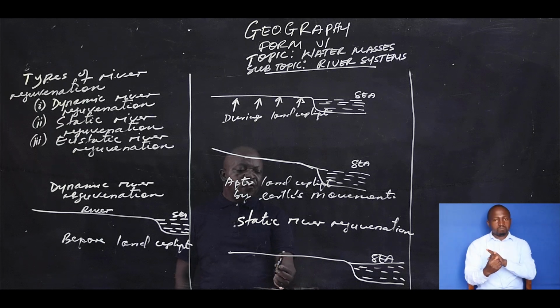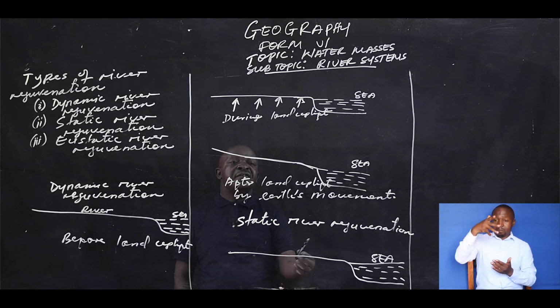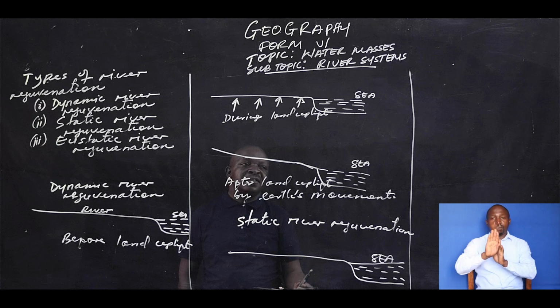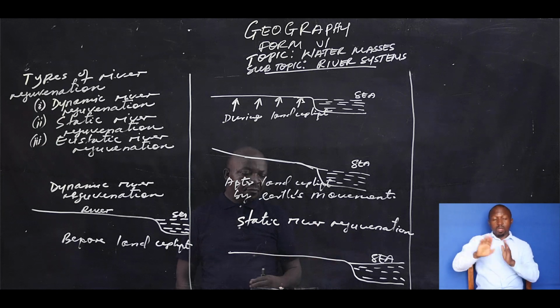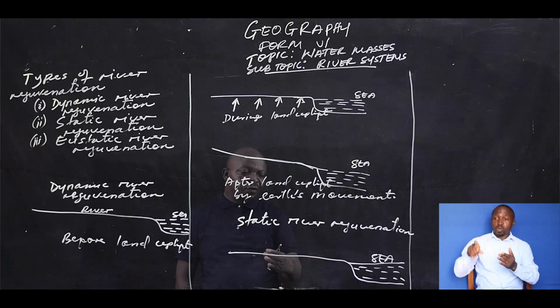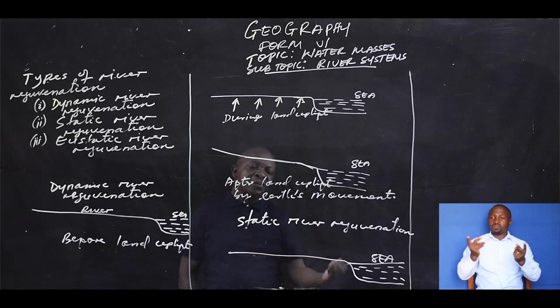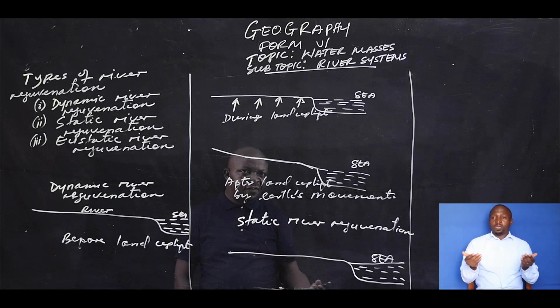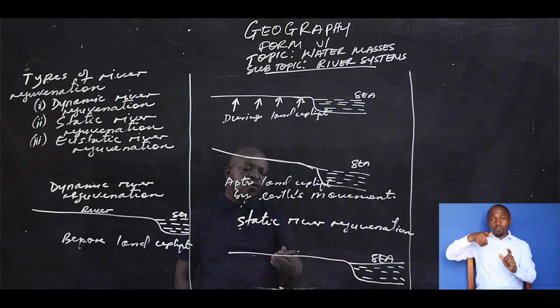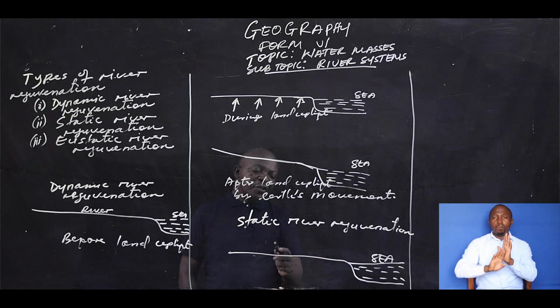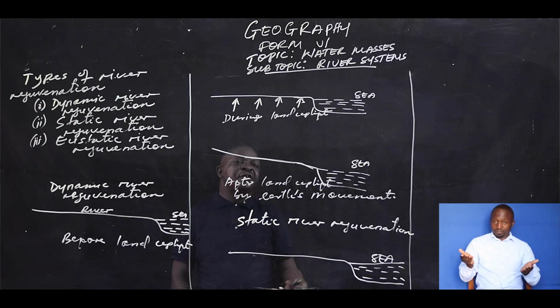Instead, the volume of water in the river system increases. As the volume of water increases, the speed of water does not remain the same. The speed of water increases. As the speed of water increases in response to the increase of water volume, obviously renewal of erosive activity occurs.